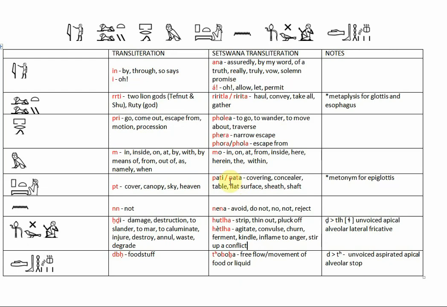Even there, the meaning is changed. What do we get? We get covering or cover, concealer or conceal, table, flat surface, sheath or shaft. Also, pata means to bury, or burial. This is a metonym for the epiglottis.